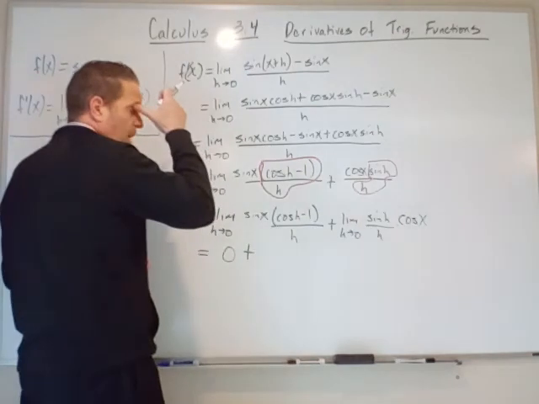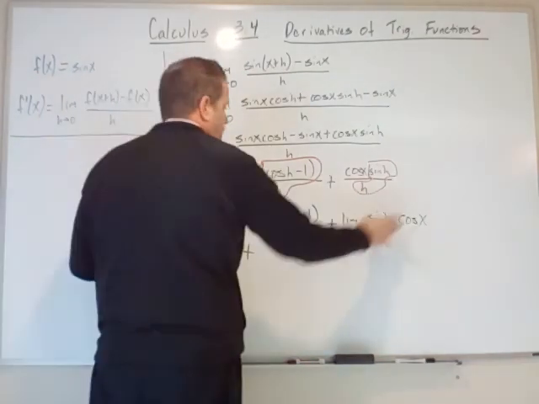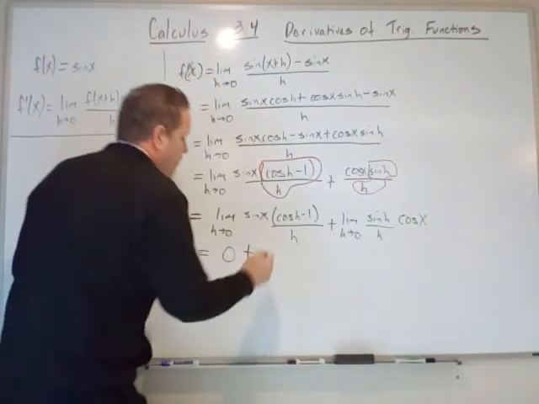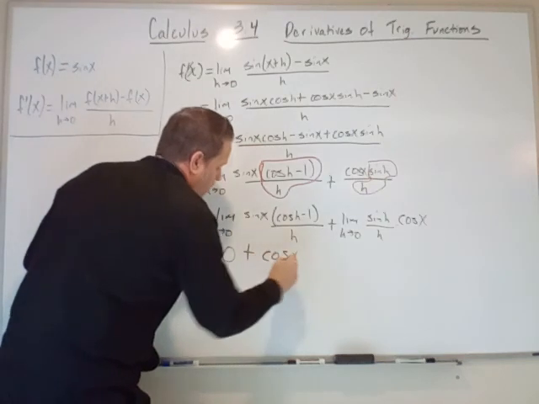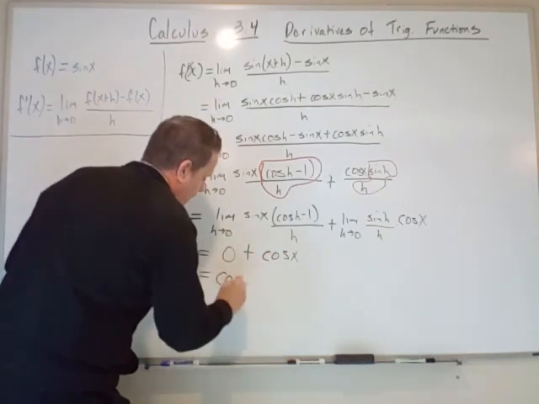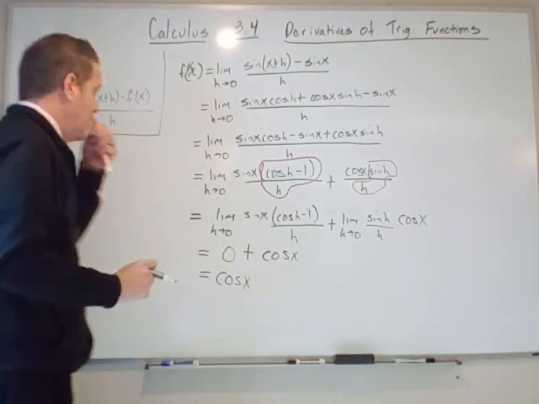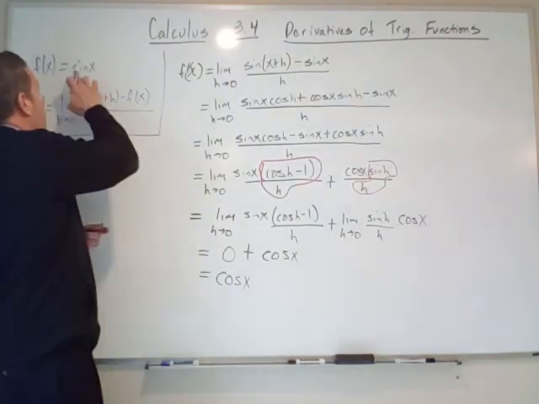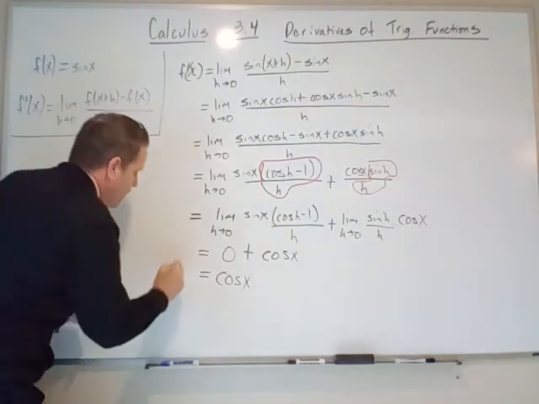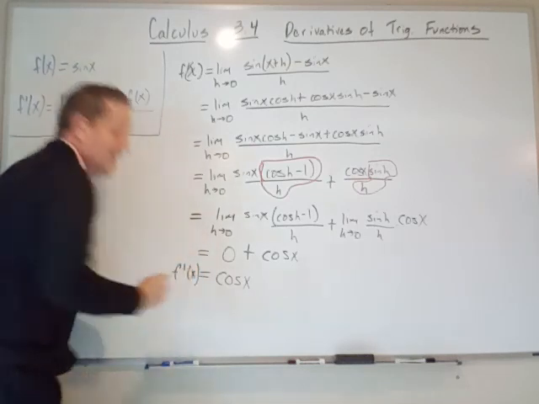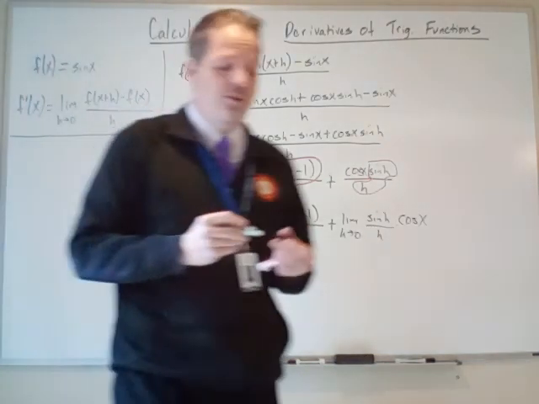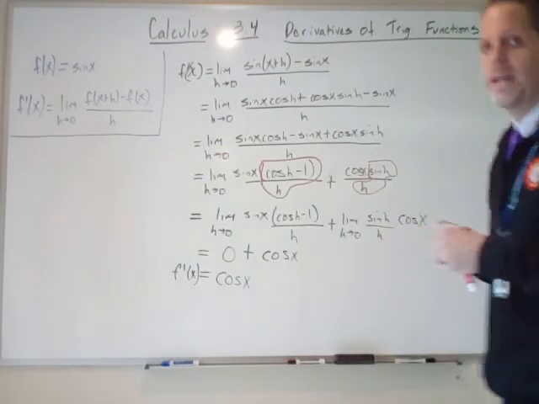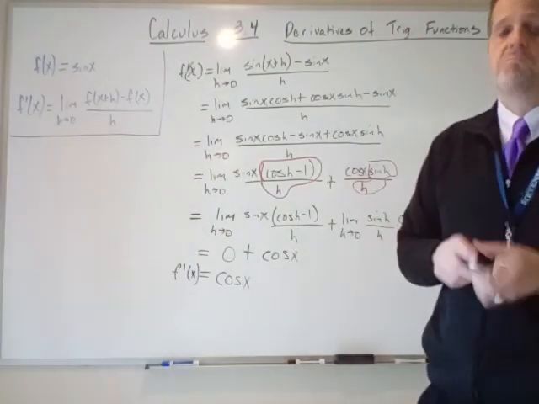And cosine x, in this context, is a constant. So I get 0 plus cosine x, or just cosine x, which means that the derivative of the sine function is the cosine function. The derivative of the sine function is the cosine function.